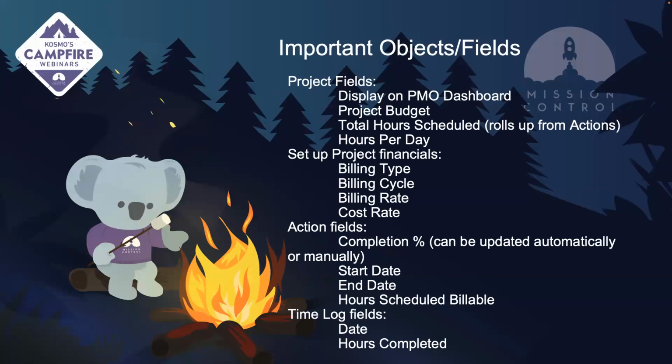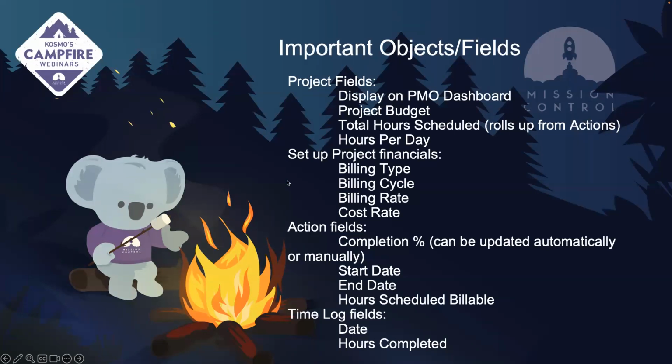But if you want to get an overall view of multiple projects, you'll have to mark this field true. You'll also want to make sure that your project budget is set, you have scheduled all of your hours on your actions, and that you've established a certain amount of hours per day. So this will help to define our working days for our actions.